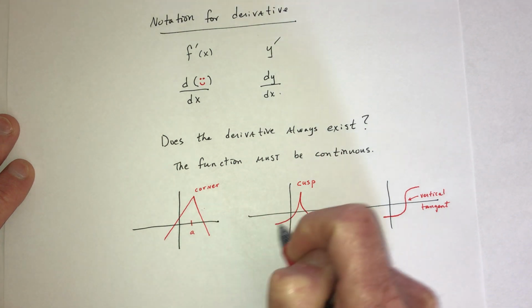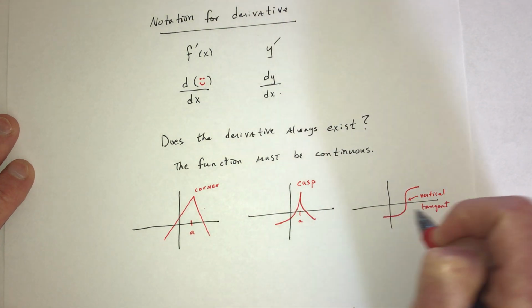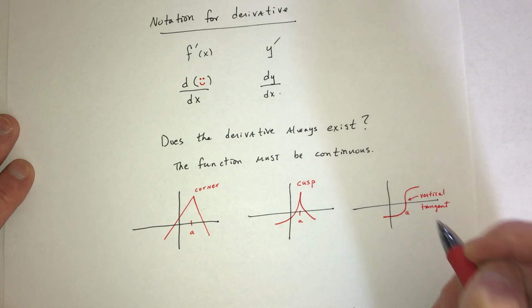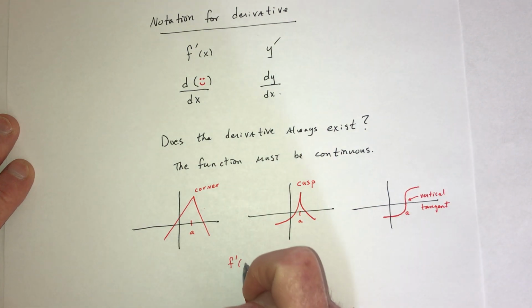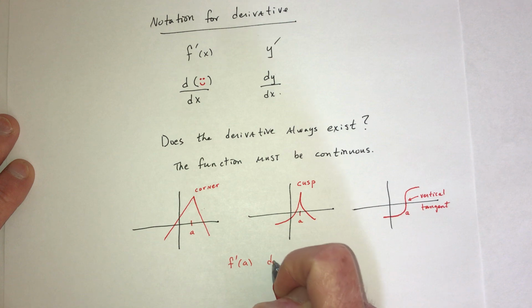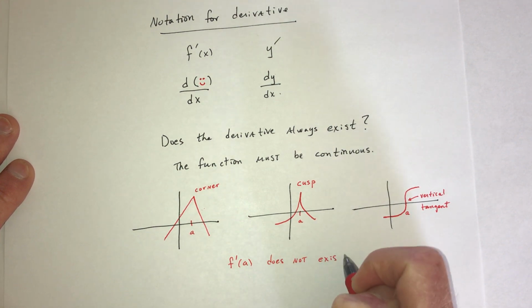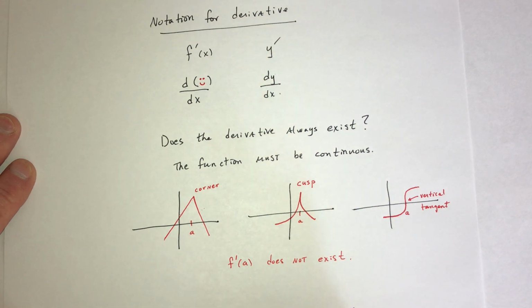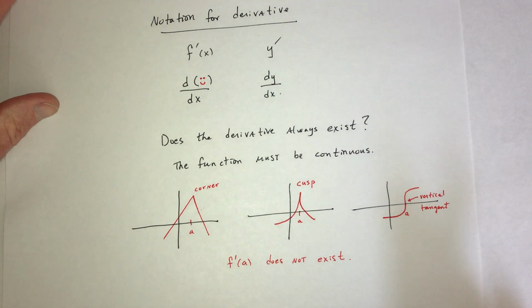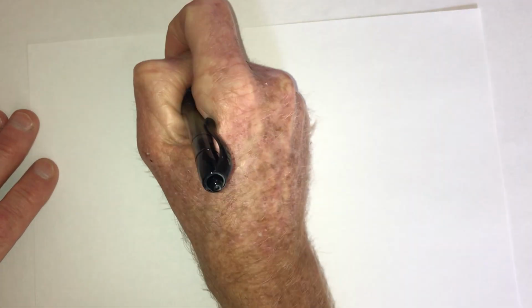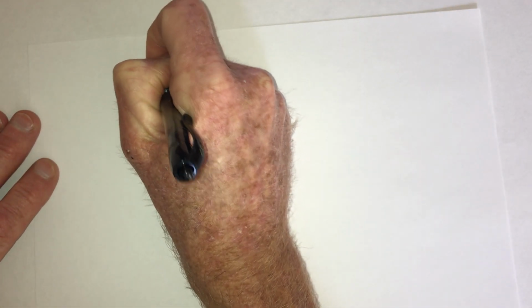So let me call this point A, f prime of A does not exist. All right. Now for example number 3.